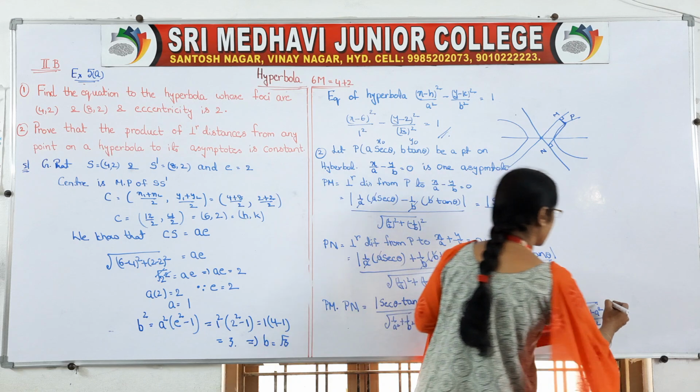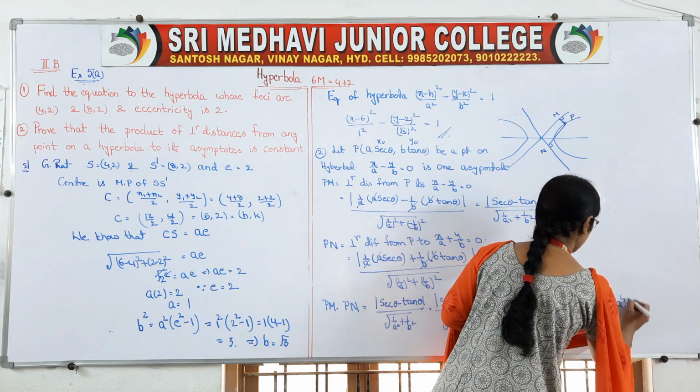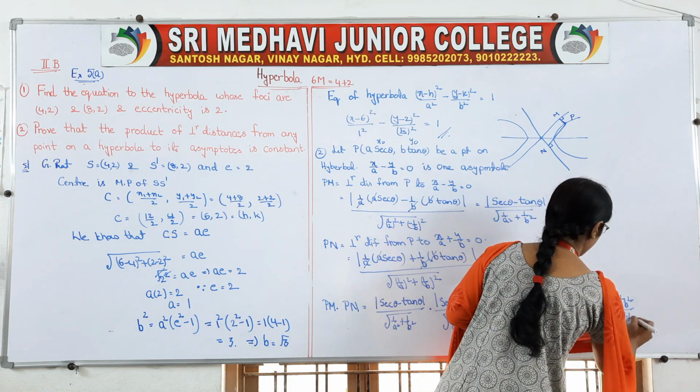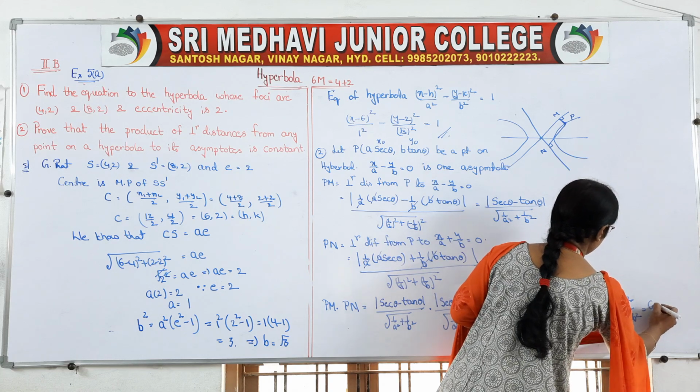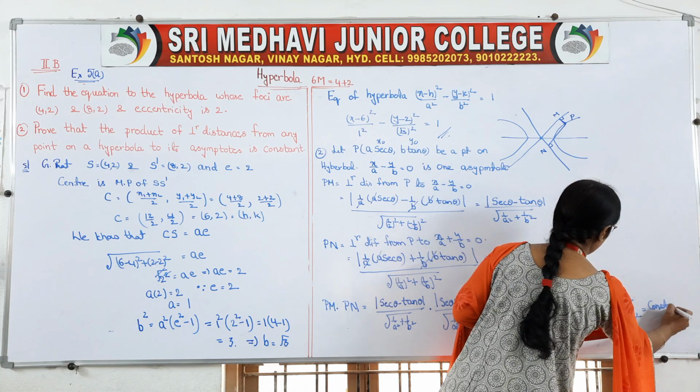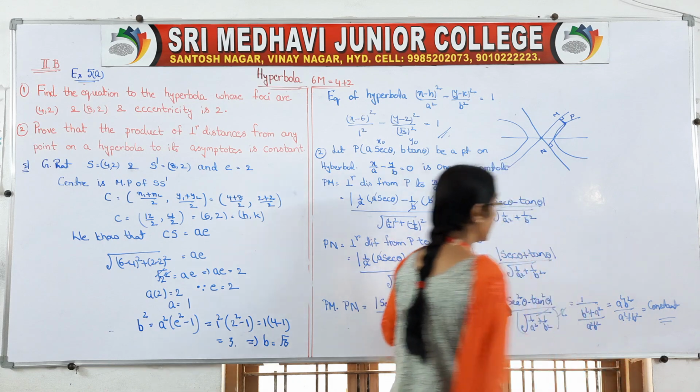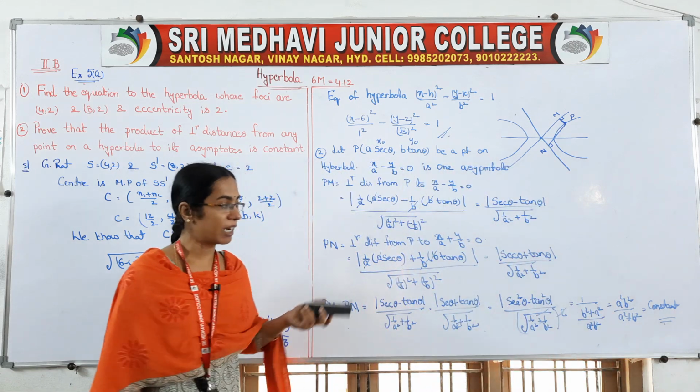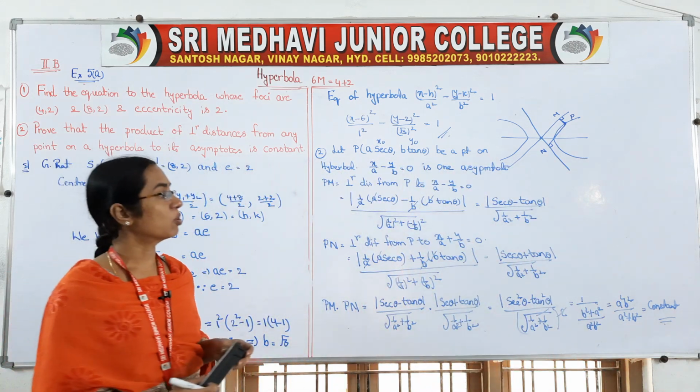Okay, so this can be written as a square b square by a square plus b square, which is nothing but a constant. A and b are constants. So if we take any equation with respect to a and b, it is constant only.